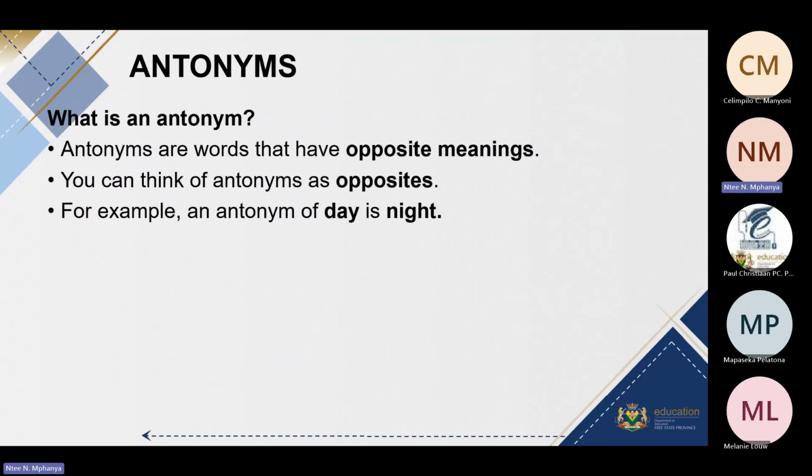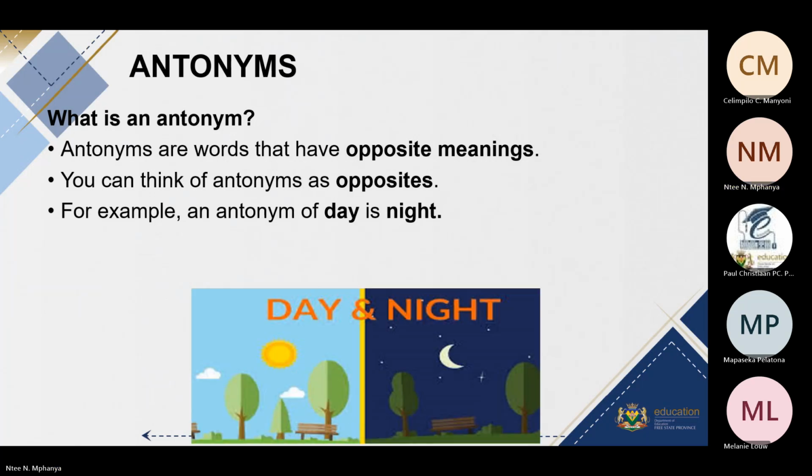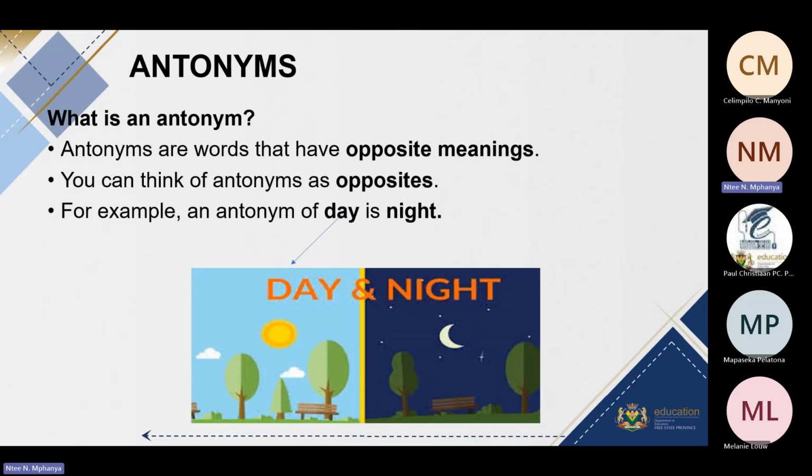For example, an antonym or an opposing word for day is night. We have a day, it's bright, and then we have a night, which is a bit dark. Can you see the difference now?